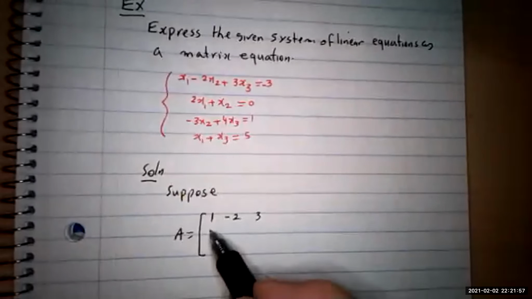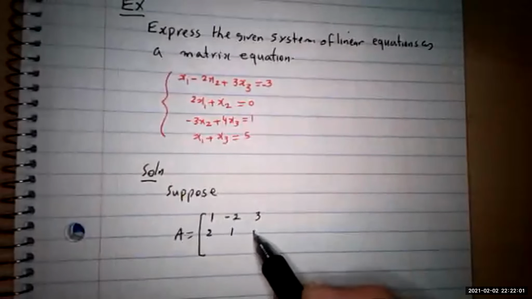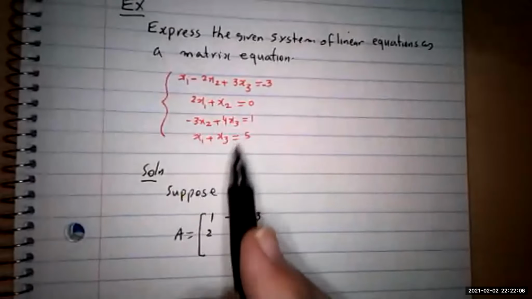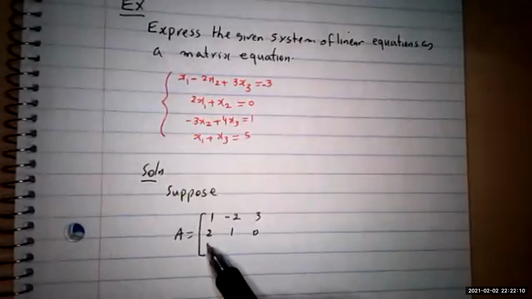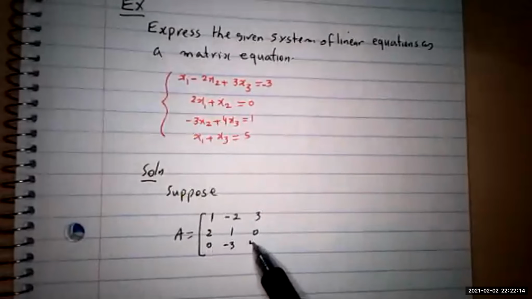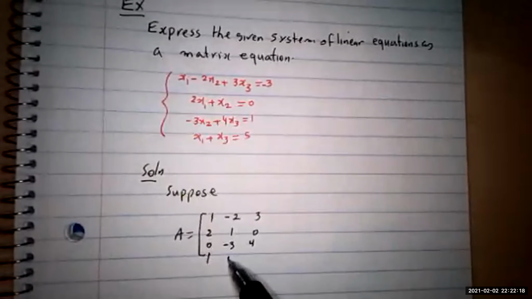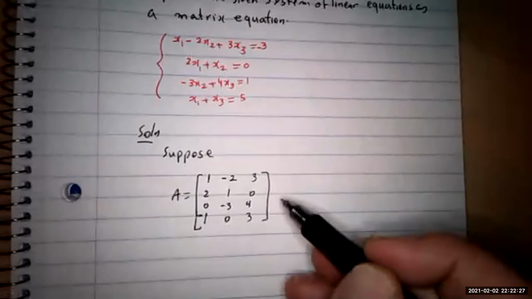For the next one, the coefficient of x1 is 2, of x2 is 1, and there is no x3, so that's 0. For the next one, there is no x1, so this is going to be 0, negative 3, and 4. And the last one, you get 1, 0, and 3. So this is going to be the matrix A.